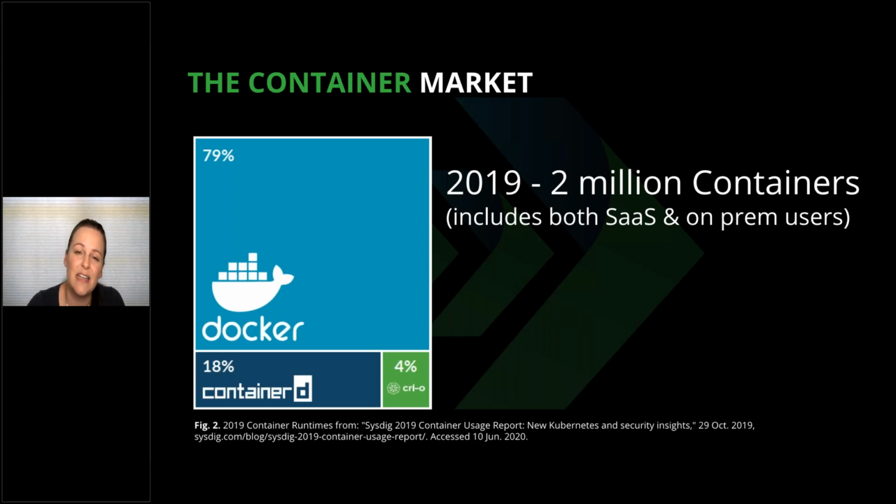But this data is interesting, especially because of what's been happening over the last few years. And notice right away the disappearance of Rocket. It's kind of a sad story because it's a CoreOS project. It was acquired by Red Hat in the beginning of 2018. And prior to that, it was accepted to the CNCF as an incubating project.